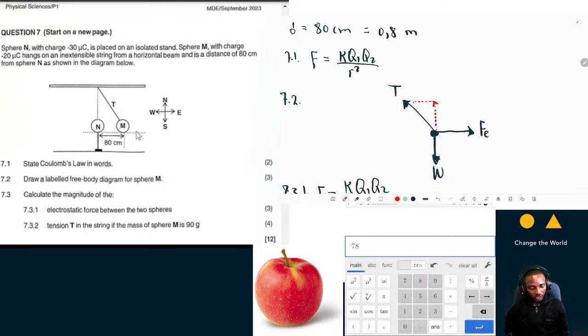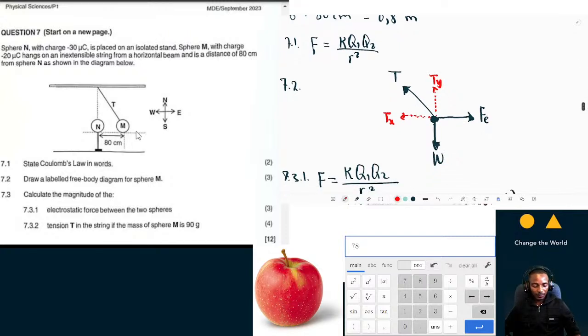Let me write the horizontal component here, this will be Tx. Then this will be Ty. Now, since I have written the components of the tension, I can wrap it, because those two components are equivalent to tension. I'm just going to leave that tension over there.